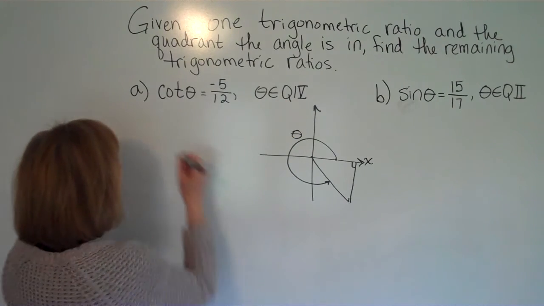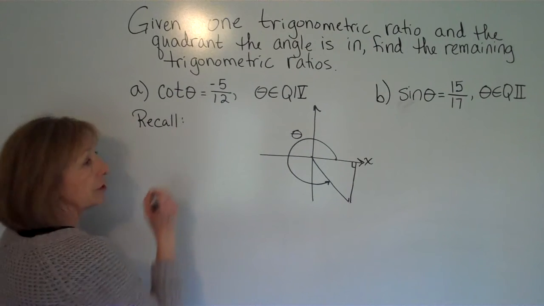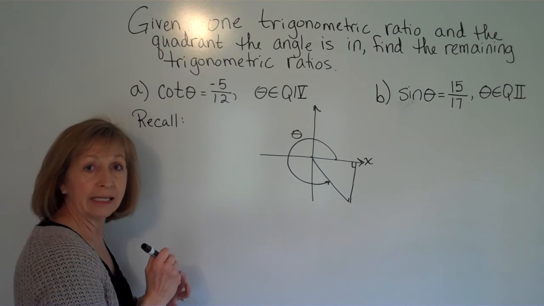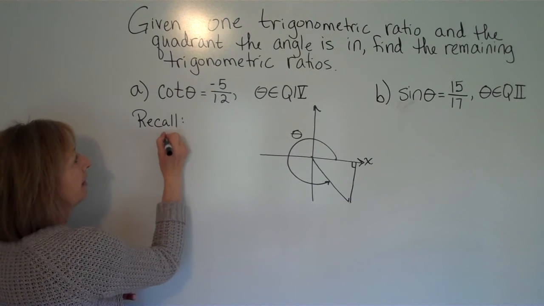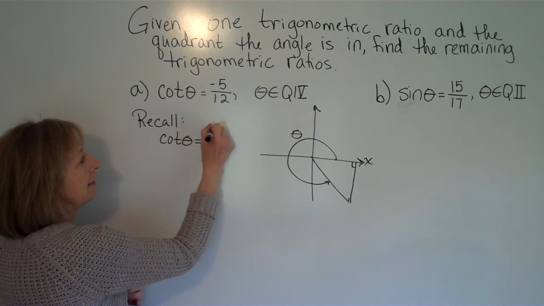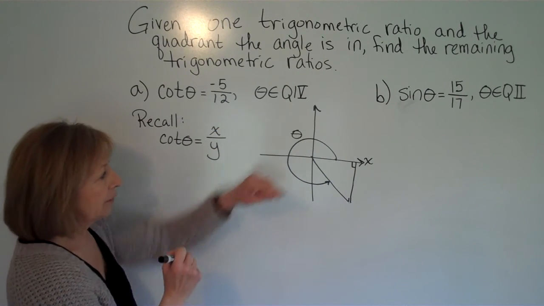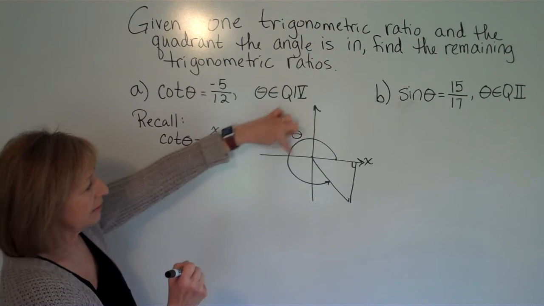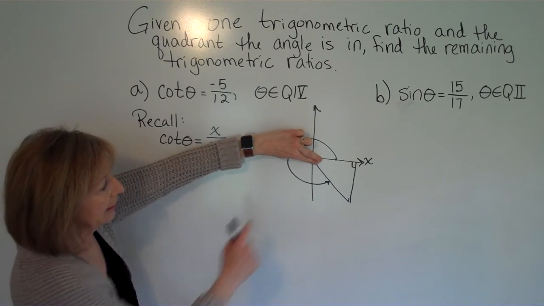Now, if we recall our trig ratios of any angle when we look at it in the xy plane, the cotangent of theta is x over y. And if this is my theta, then my reference angle is here.